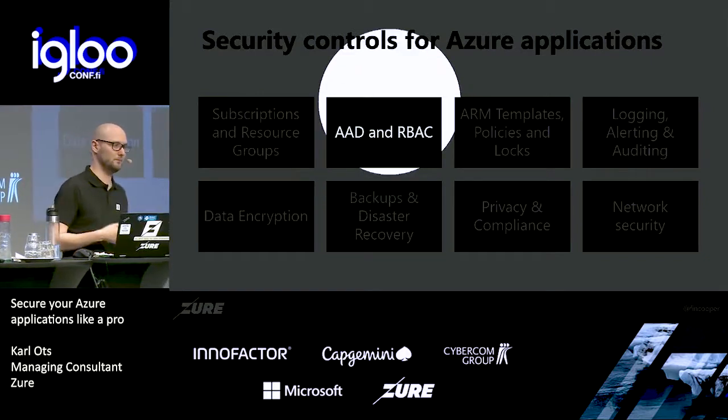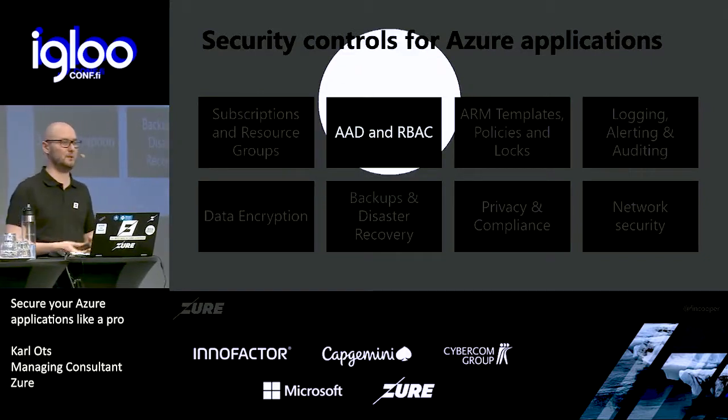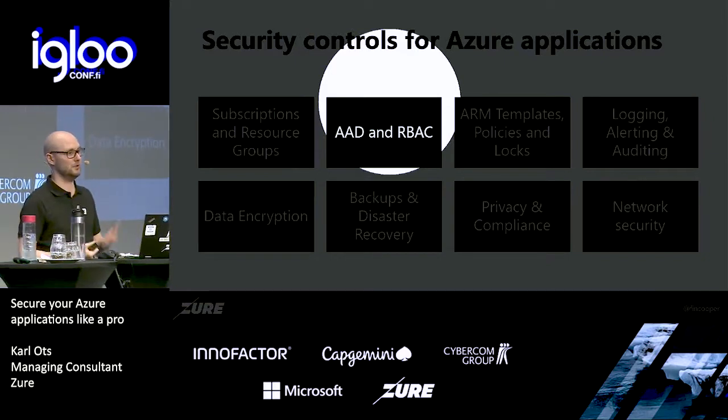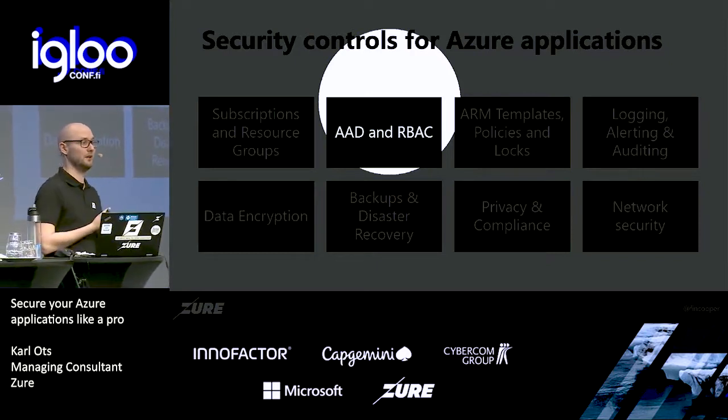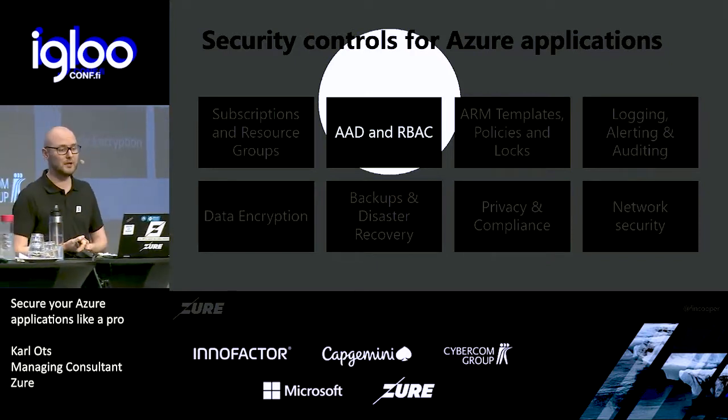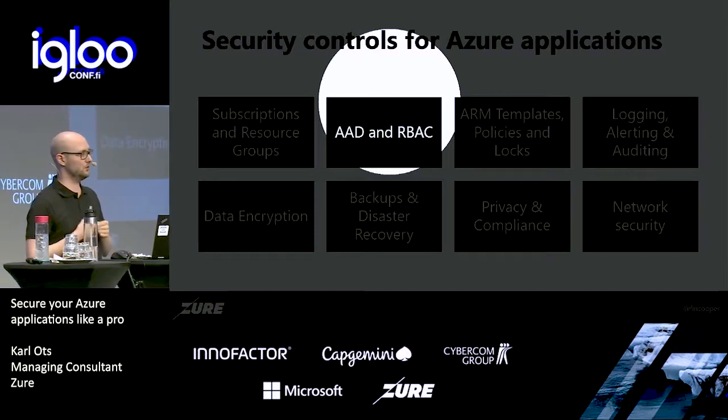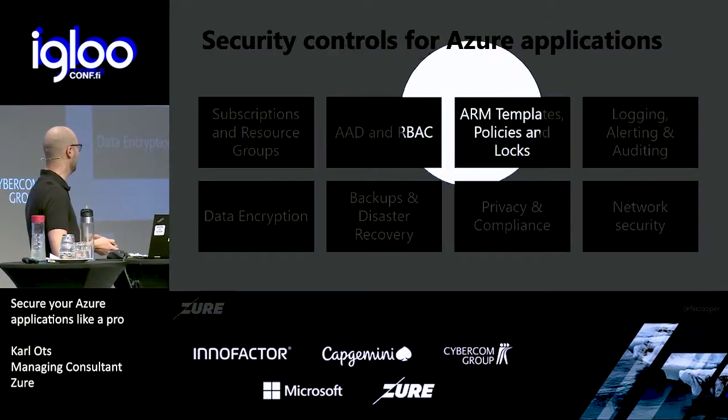Then we can have some controls that help us authenticate the user. The user is always authenticated from an Azure Active Directory, whether a guest or a real user in that Azure AD. And then we can authorize that user to perform certain Azure Resource Manager actions through role-based access control, what Magnus showed before.